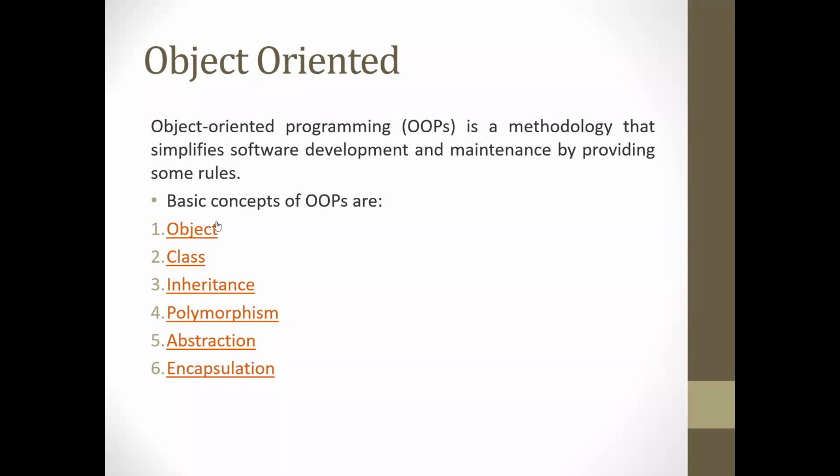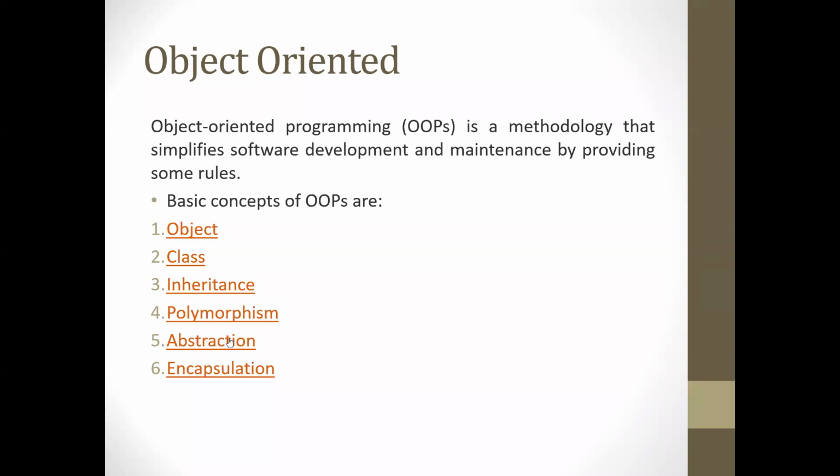Like if you are holding a pen in your hand, that is one single object, one single instance. That is called the object. And the class means a group of objects. Inheritance is the process of deriving a new class from an existing one. Polymorphism means many forms.